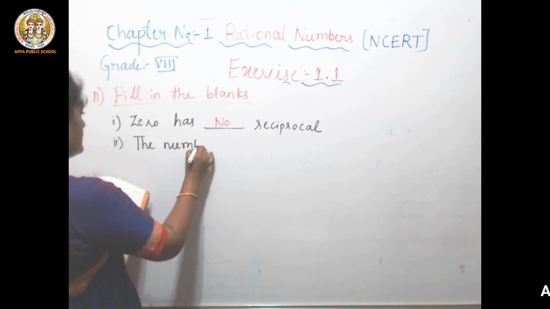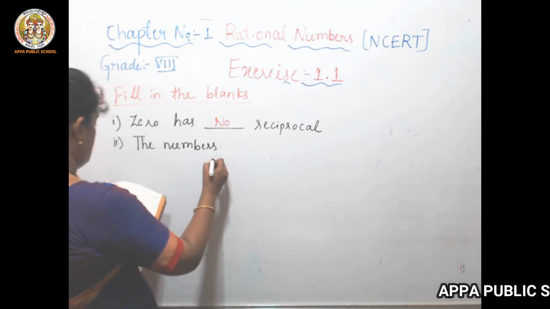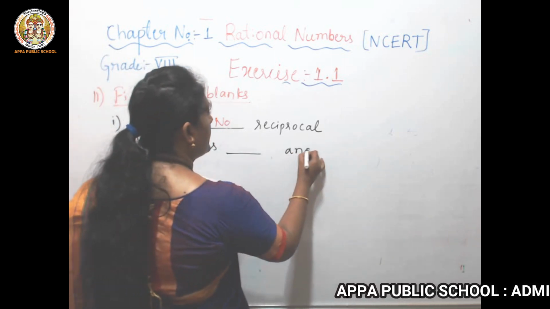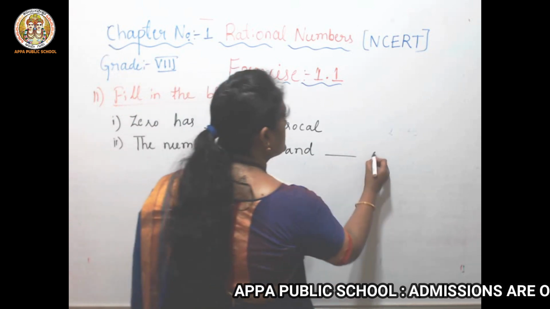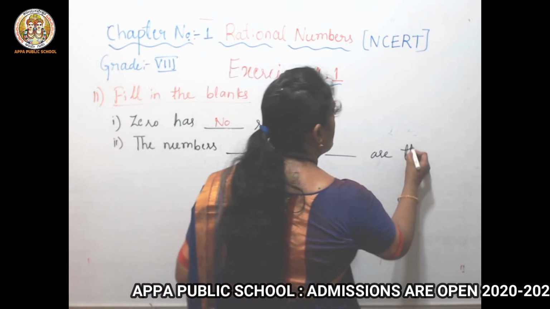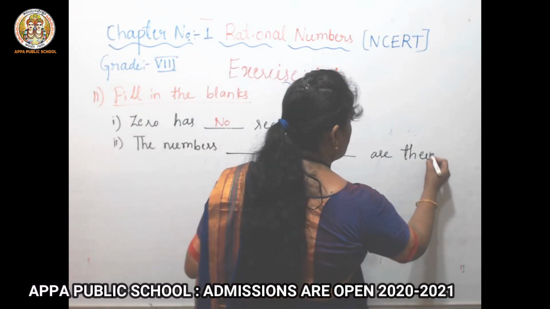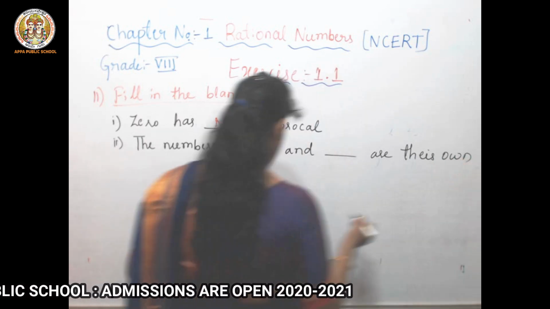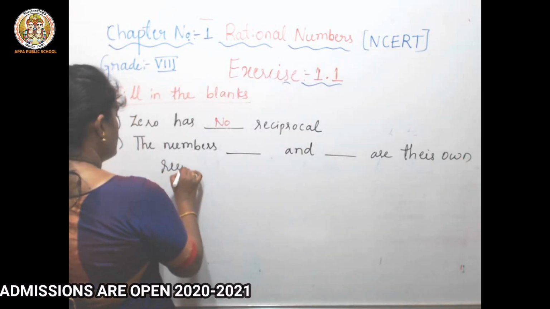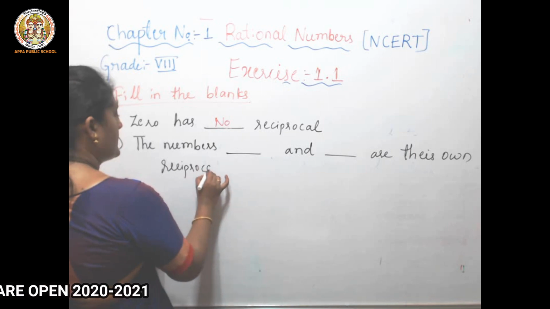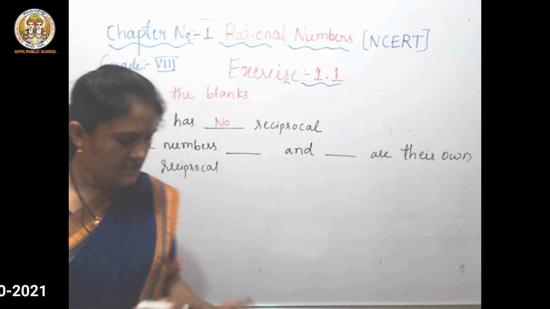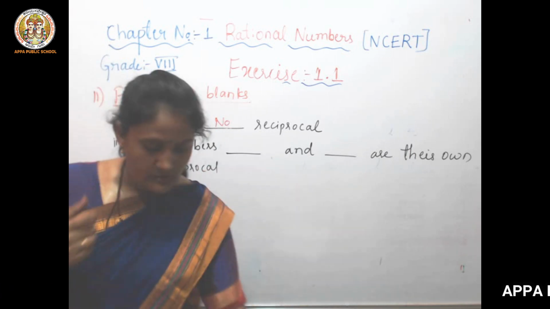Okay, we'll go for the second one of this: the numbers dash and dash are their own reciprocal. See, this question we learned in the previous program only, right?